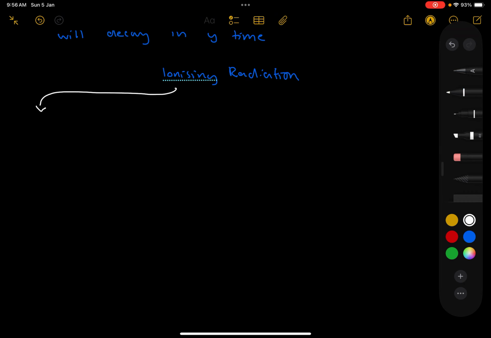We have alpha, beta, or beta, however you pronounce, and gamma. And we're going to start with, you guessed it, alpha radiation.